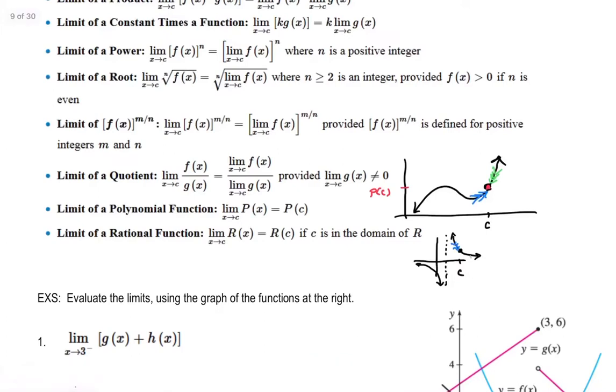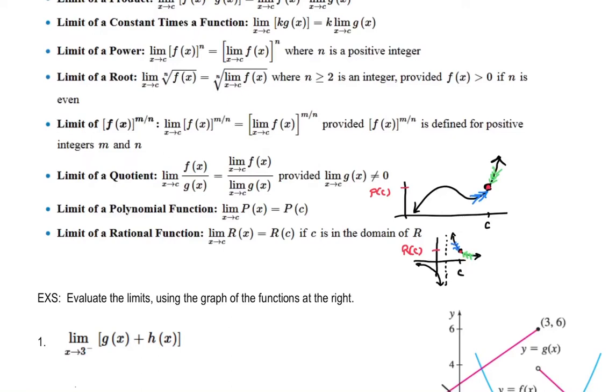The limit as x approaches c is just the function evaluated at the point c. That's what those last two are saying, and we'll get there in more detail as we move through the section.